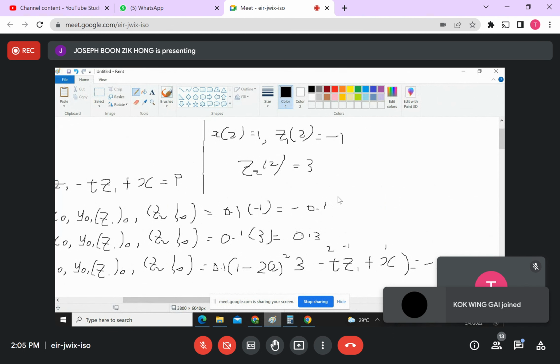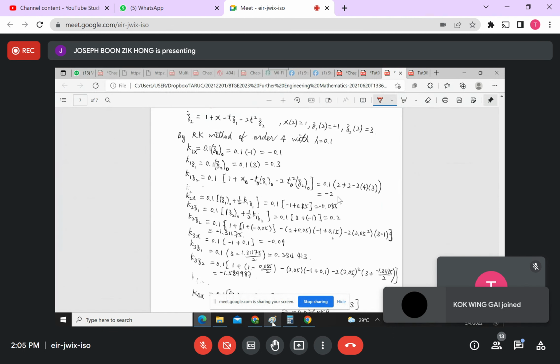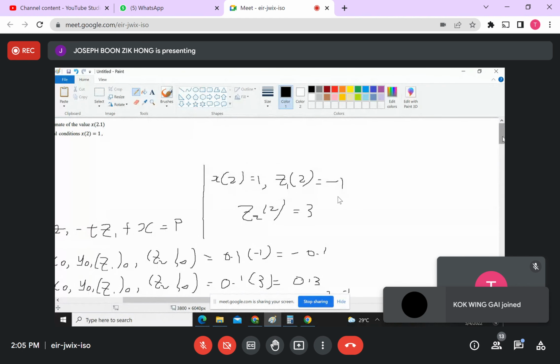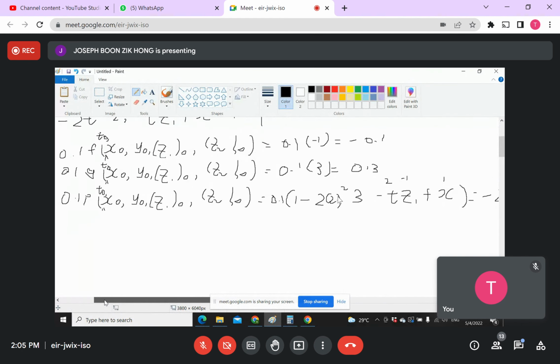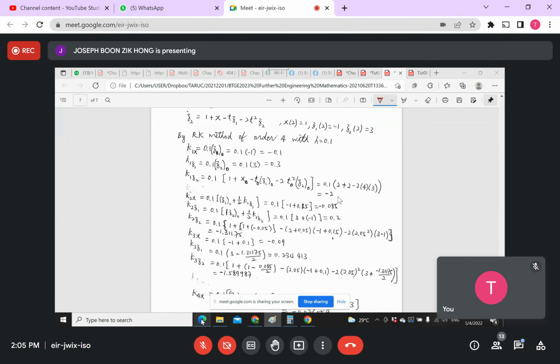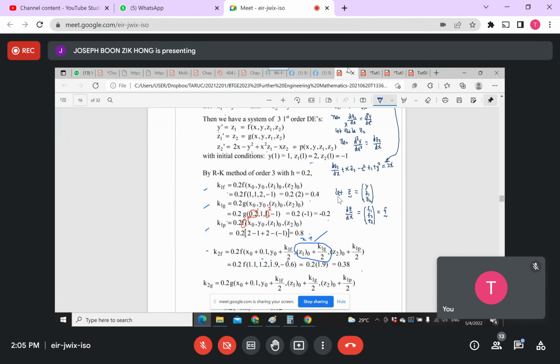If not the same as yours, please let me know. Okay, negative 2. After I have this one, now I need to calculate K2F. K2F will be 0.1 times your F of, now it's not this function anymore, but you need to find out which function first.